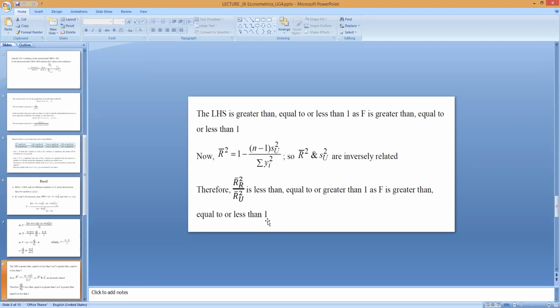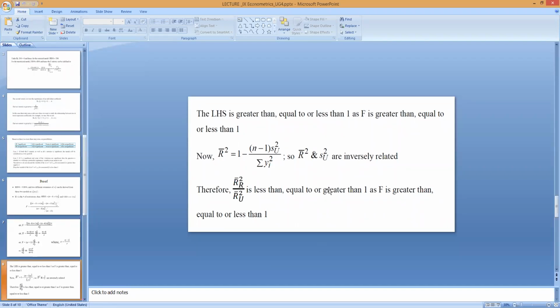So if there is an inverse relationship between A square and R bar square, naturally the first proposition will be presented as the ratio of restricted R bar square to unrestricted R bar square will be less than, equal to, or greater than 1 as F is greater than, equal to, or less than 1. Because there are two steps.